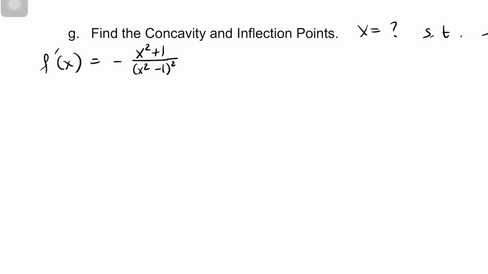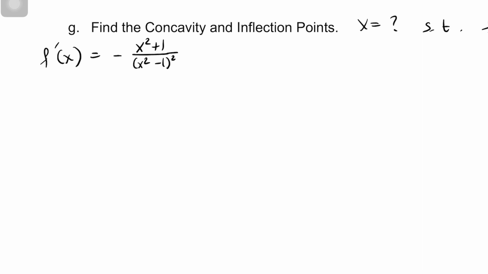Okay. So to find the second derivative of this, let's go ahead and apply which rule? The quotient rule, right? So here we go. We can sort of isolate this and just carry over this negative.